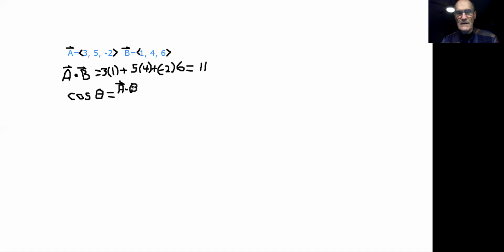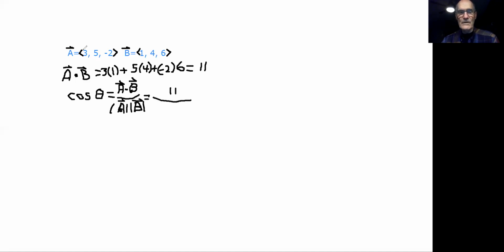So A dot B divided by the product of the magnitudes. So you've got vector A with its magnitude, with the absolute value signs around it here, and then vector B with its magnitude. And the magnitude you find by just doing the Pythagorean theorem extended. So we know the dot product is 11.